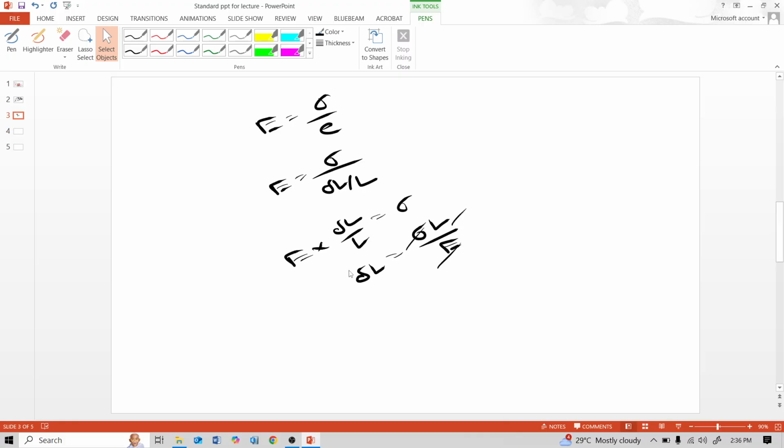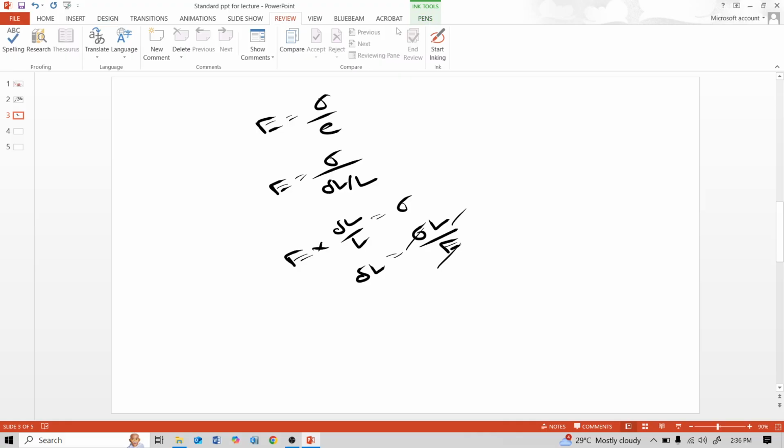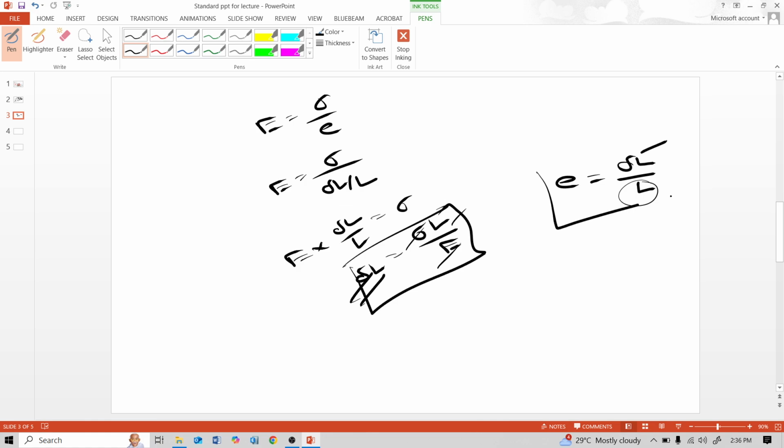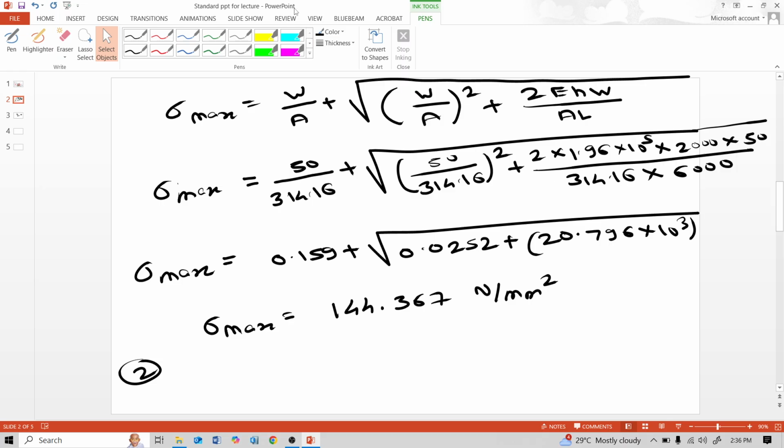Our problem statement is to find strain e, which is change in length upon L. So from this formula we will find delta L. We have L also. So this is the methodology. First use this formula for calculation of change in length, then use this change in length upon original length for strain.